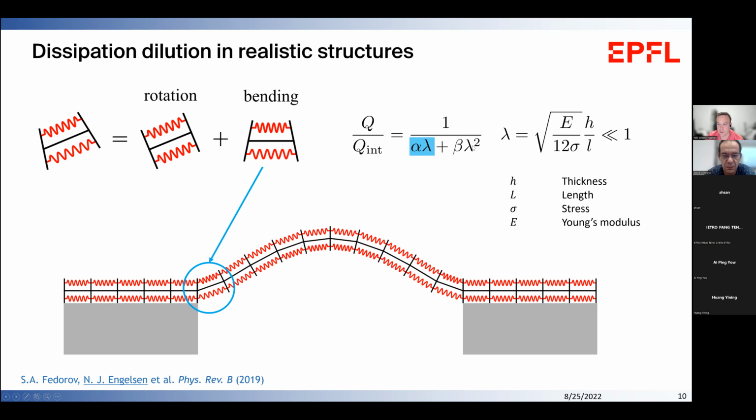Then you get this lambda squared contribution that comes from the distributed mode area. So if you had a clampless beam, it would just have an infinitely long sine wave mode shape, and it would therefore have a dilution factor going as lambda squared. The full argument can be found in this PRB paper.